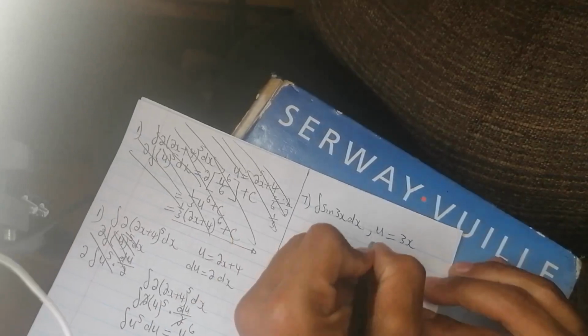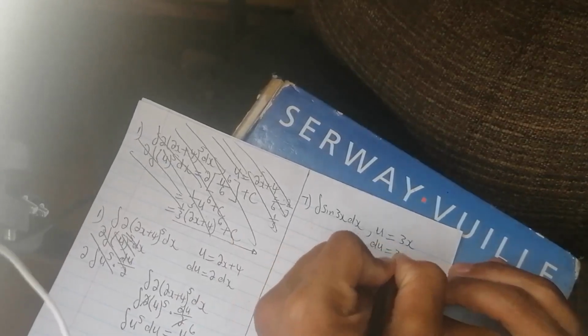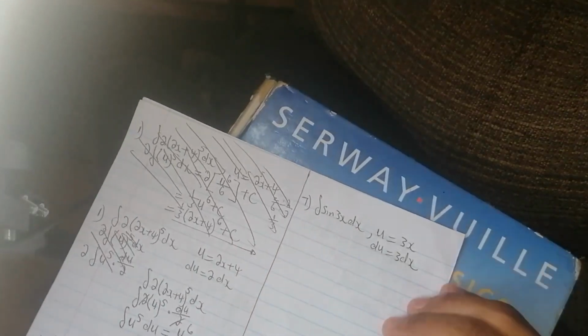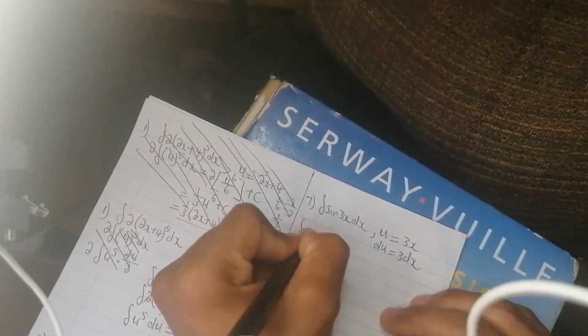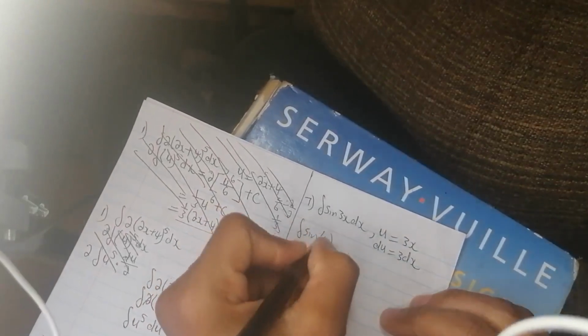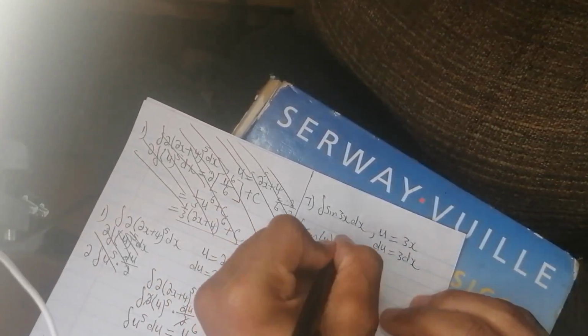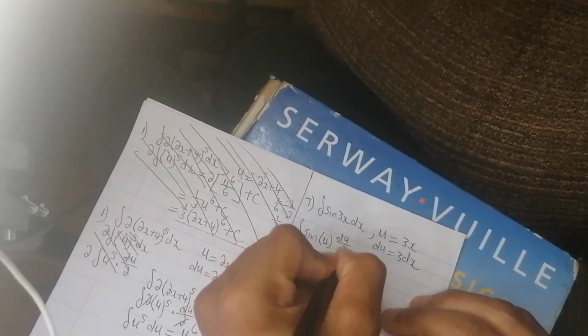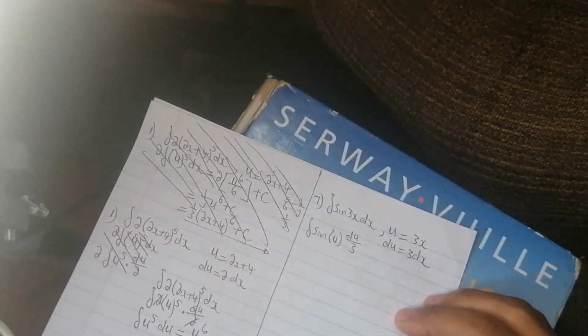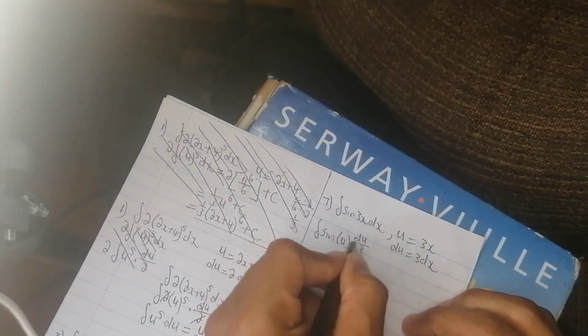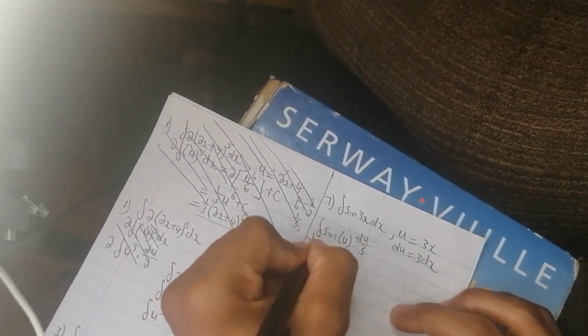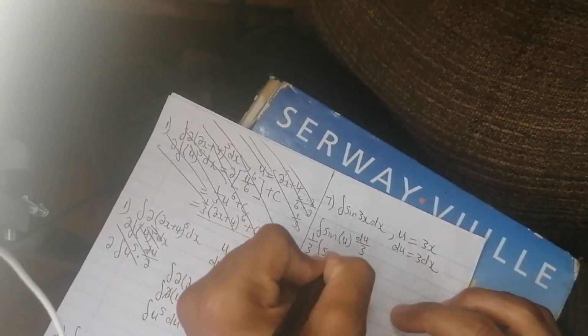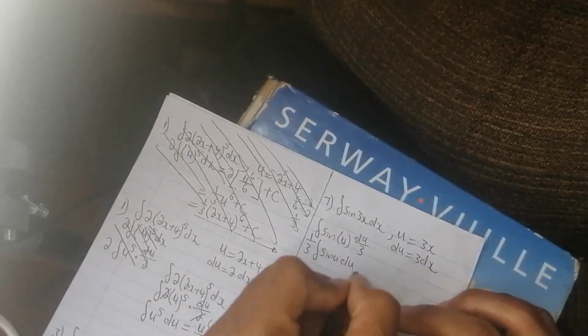Okay, that's fine. So du will be 3 dx, the integral of sine u, and my dx is du over 3. Very good. This is the same as 1 over 3. Take it out. 1 over 3, the integral of sine u du.